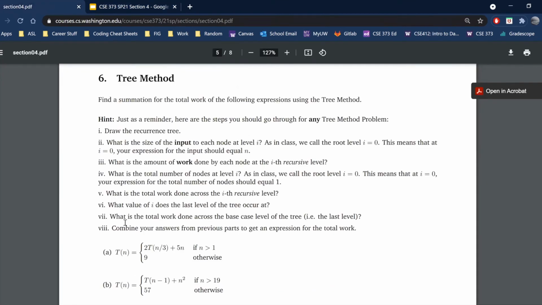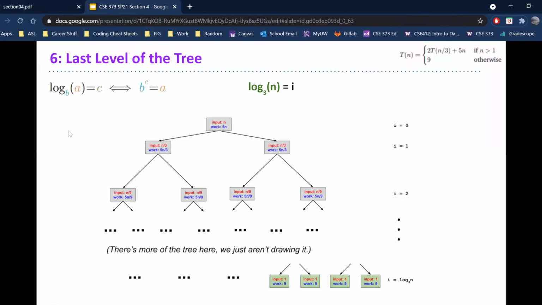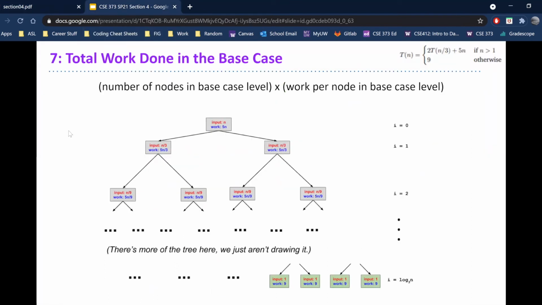All right, so now we have that, and then we look at what 7 is asking for. 7 asks for the total work done across the base level of the tree, the base case level, or the last level. Just like we found the total work done at the ith recursive level, the total amount of work done in our base case is given by the number of nodes multiplied by the work per node, specifically for the base case.